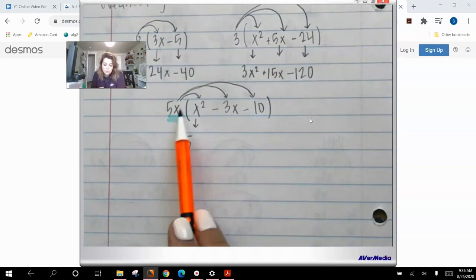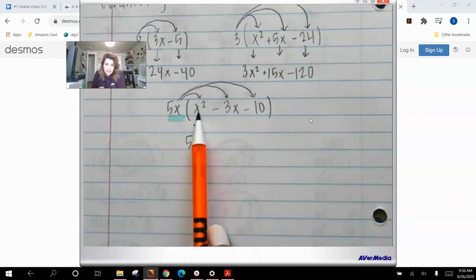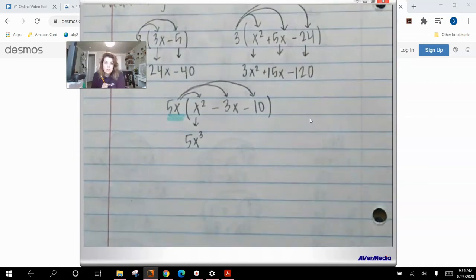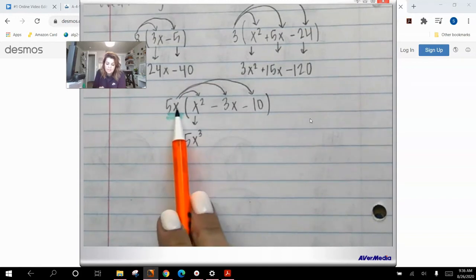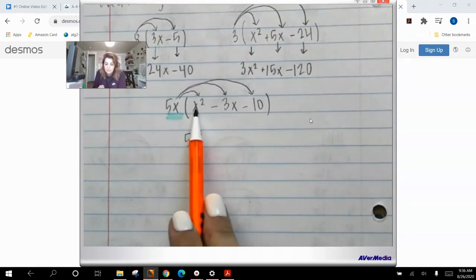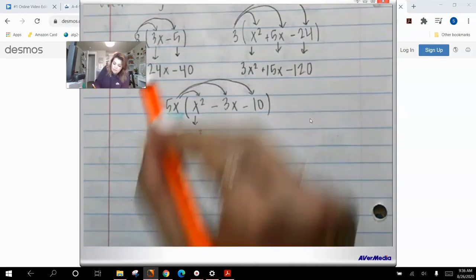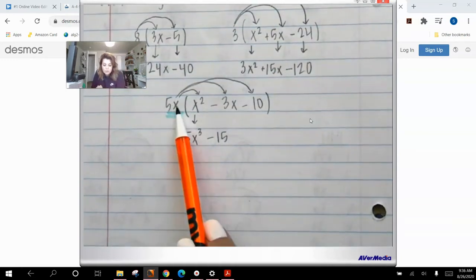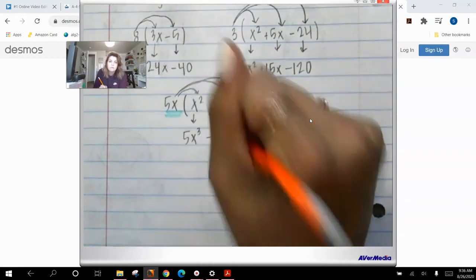And now when we multiply the x in, we want to think about it as, okay, we have 2 x's and we're multiplying in another x. So that's going to give us a total of 3 x's. You just count up how many x's you have. So if I take this 1x and I put it with these 2 x's, that gives me 3 x's. 5 times -3 is -15. I have 2 x's, so that's going to turn into x squared.